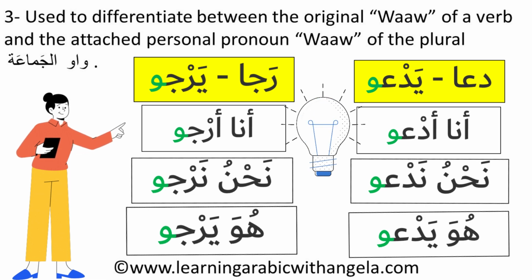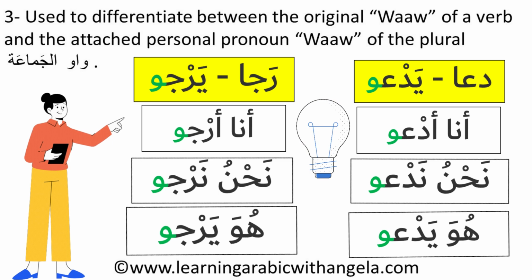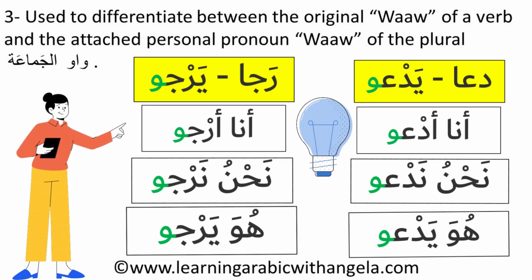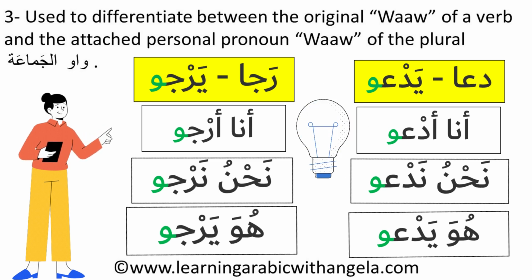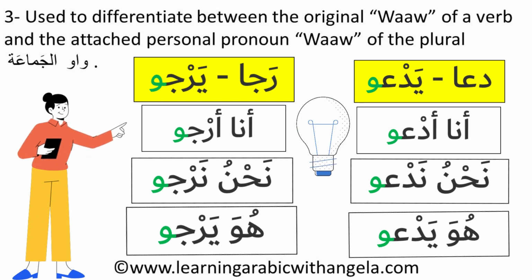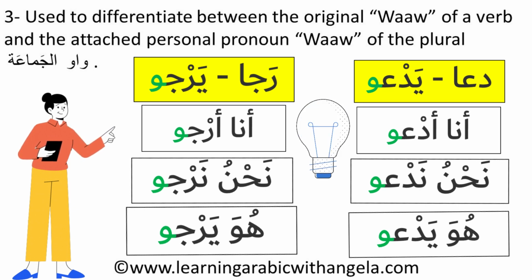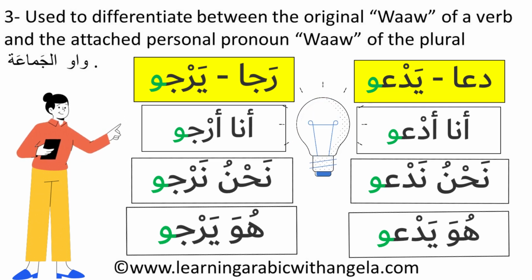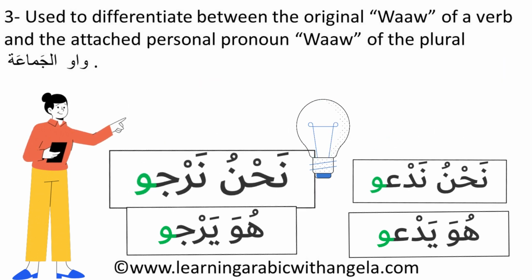The waw over here is not a pronoun. It's actually one of the three root letters of the verb. دعا يدعو. Same thing with رجا يرجو, أنا أرجو, نحن نرجو, هو يرجو. The waw over here is an original waw which belongs to the verb and it's not a personal pronoun.